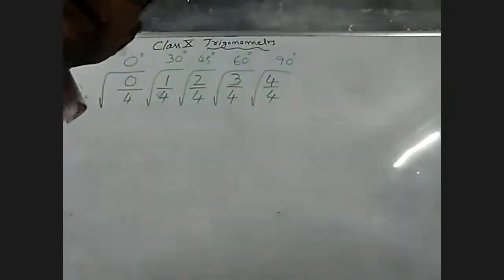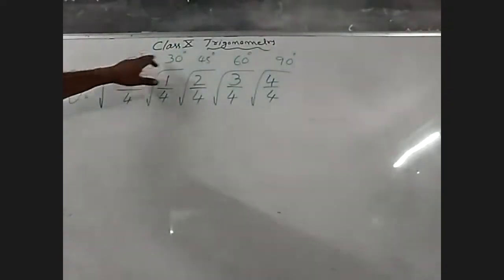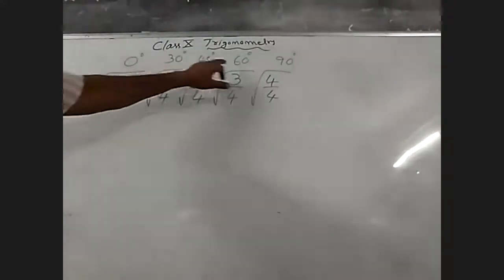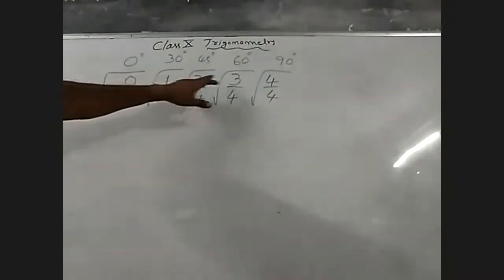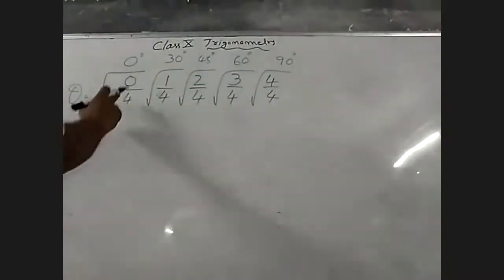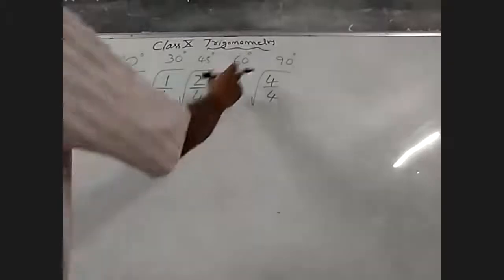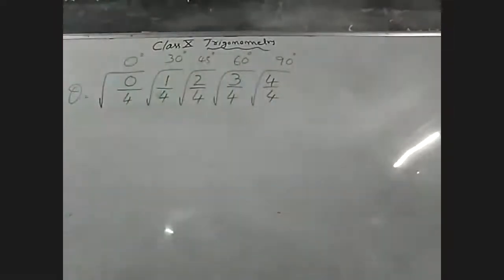Write down in your notebook. 0, 1, 2, 3, 4, divide by 4: 0 by 4, 1 by 4, 2 by 4, 3 by 4, 4 by 4. Then you take the square root, and you will get the sine values.